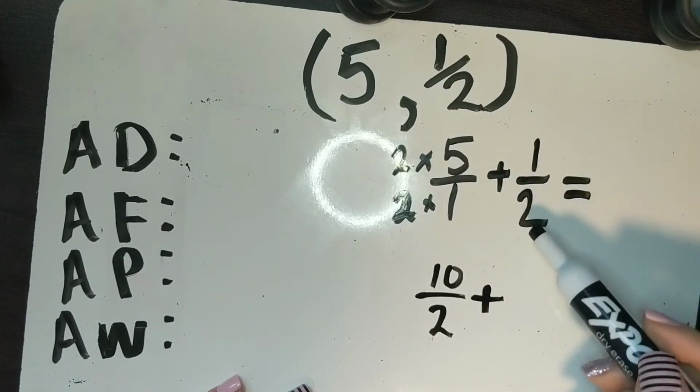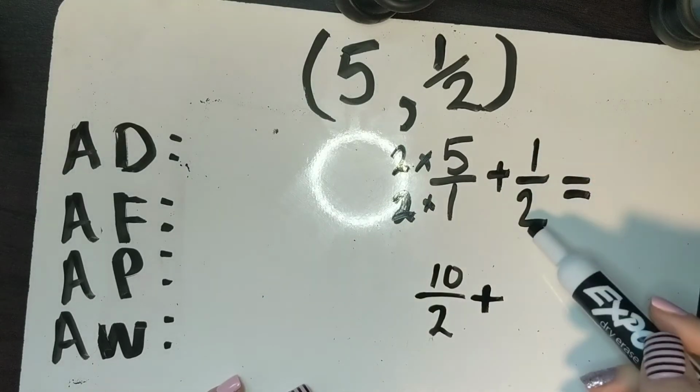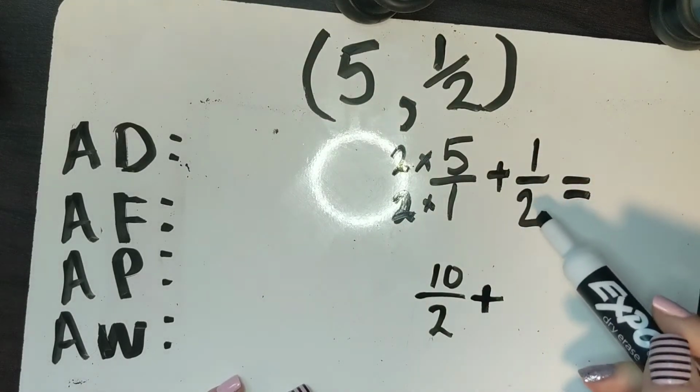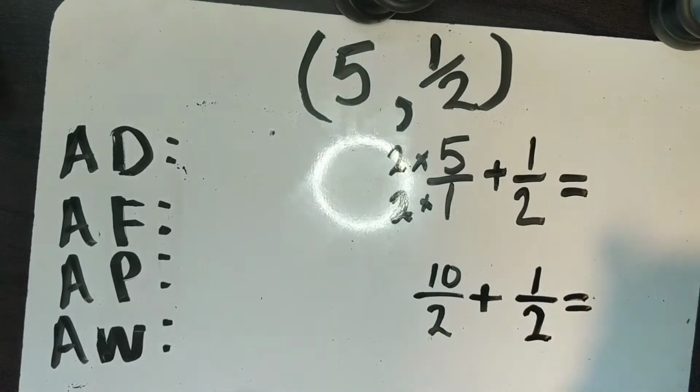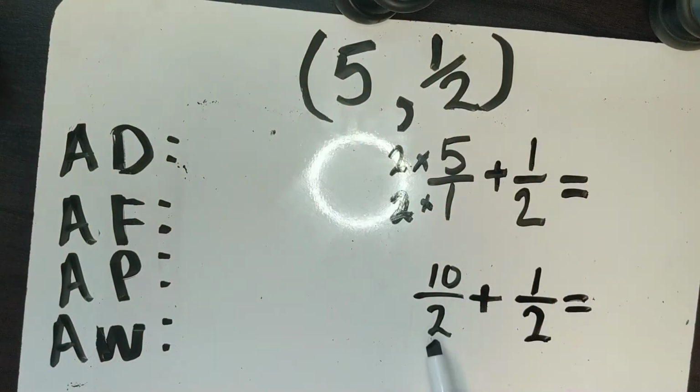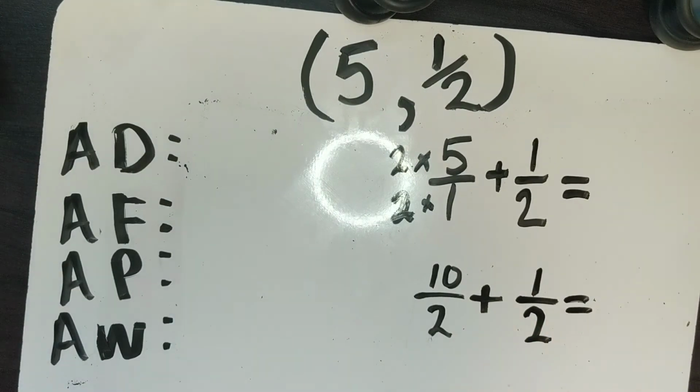Now, I don't have to do that to this fraction 1/2 because my denominator is already 2. So I can just go ahead and rewrite my problem. Now I have the same common denominator in both fractions.